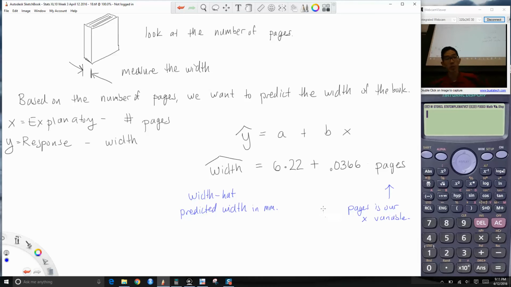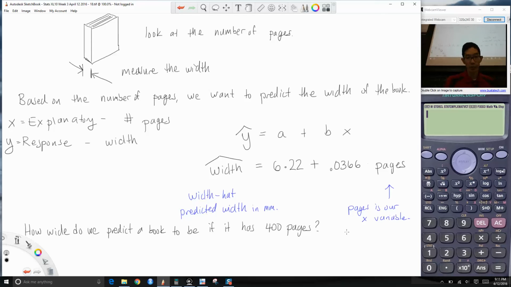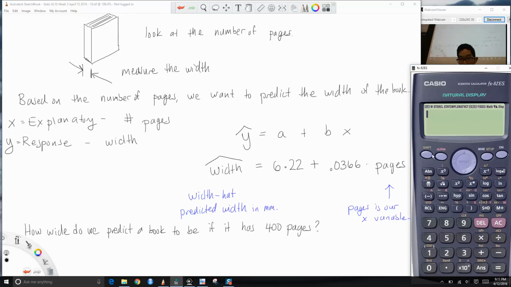So how wide do we predict a book that has 400 pages to be? Okay, so what do we do?